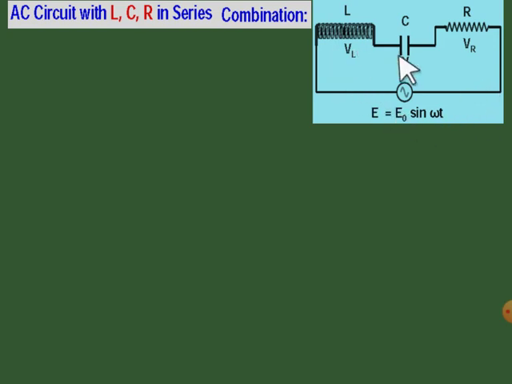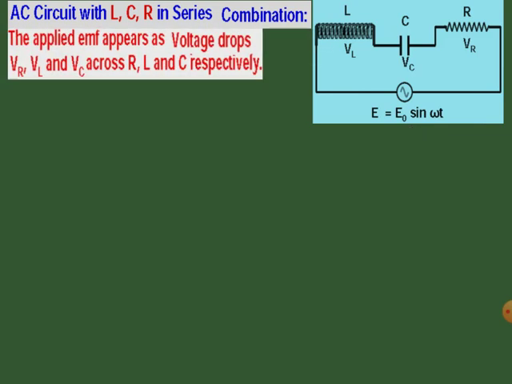Now these three components L, C and R are connected in series with a source of EMF whose instantaneous EMF is given by E = E0 sin(ωt). The applied EMF appears as voltage drops that depend on the amount of current flowing.